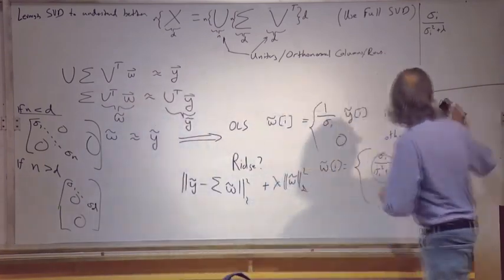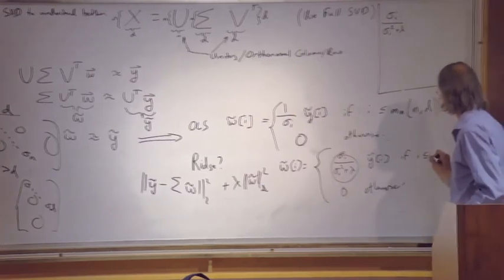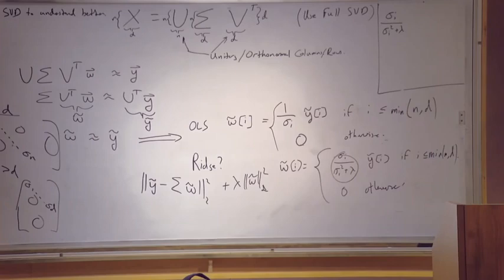Let me just write it this way. I'll write it correctly. There you go. Okay? The idea here is that your training data has some dimensionality. Whatever that dimensionality is going to cause you to have some number of singular values.